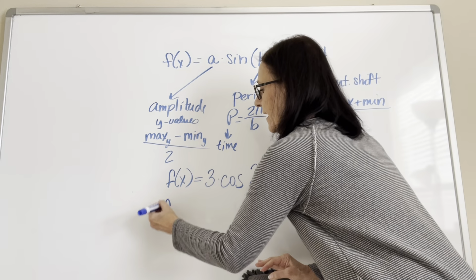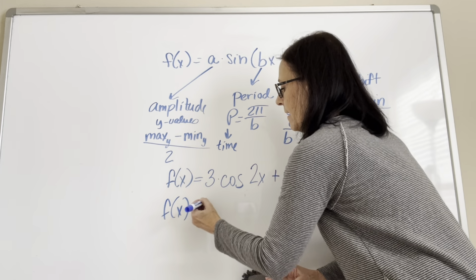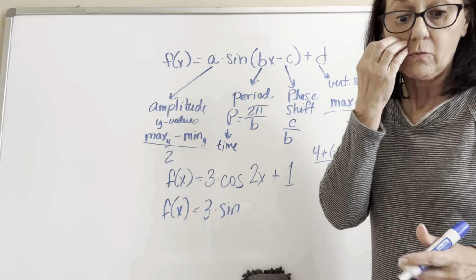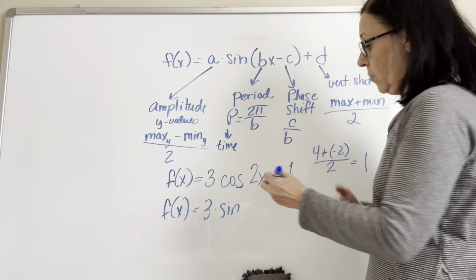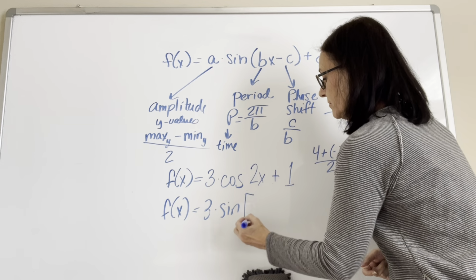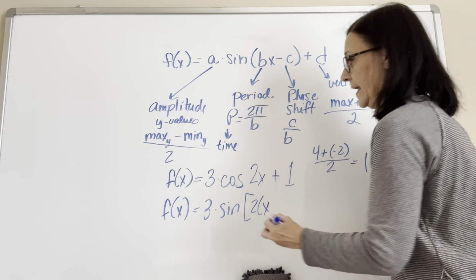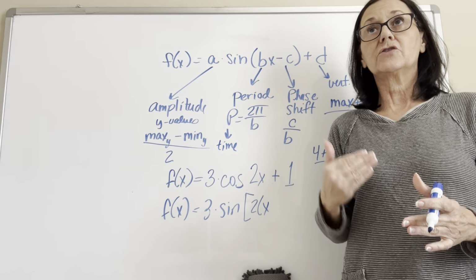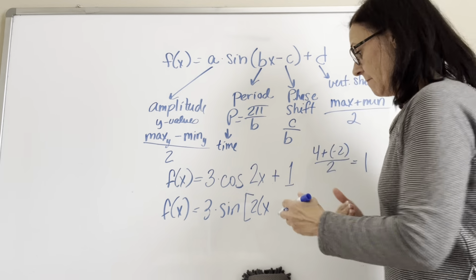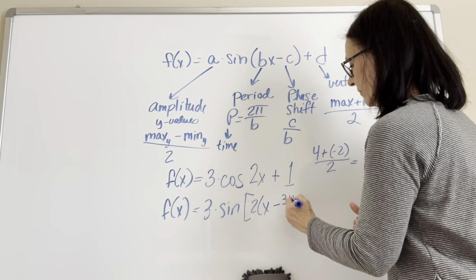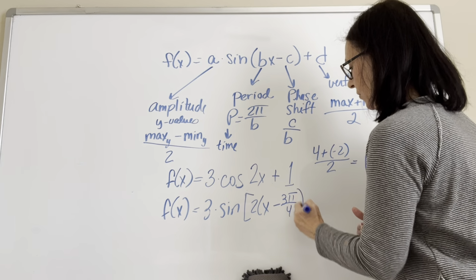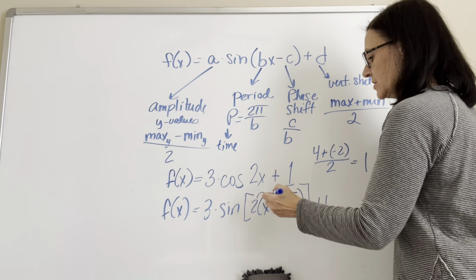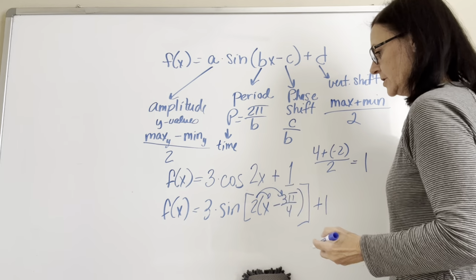So it would be f of x. My amplitude is going to be the same. The sine now is when I am going to do the 2, and it's going to be x. I know the phase shift is 3 pi over 4. It's to the right, so it's minus 3 pi over 4, plus 1. If I factor that in, I'm just multiplying by 2.